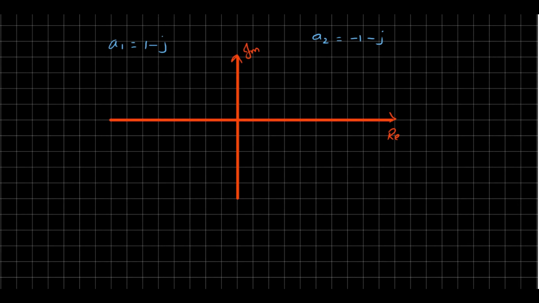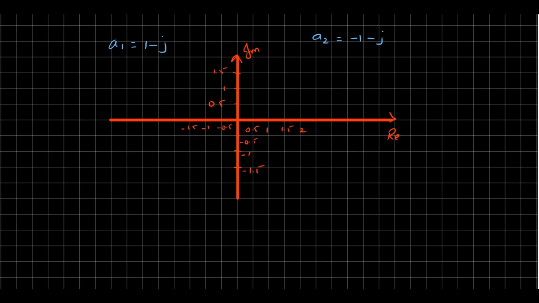Let's take every unit as 0.5, 1, 1.5, and minus 0.5, minus 1, minus 1.5. The y-axis I am also taking as 0.5, 1, 1.5, and the negative side is the same, minus 0.5, minus 1, minus 1.5.